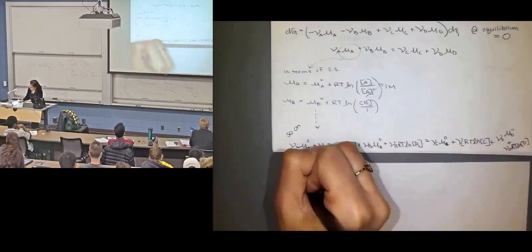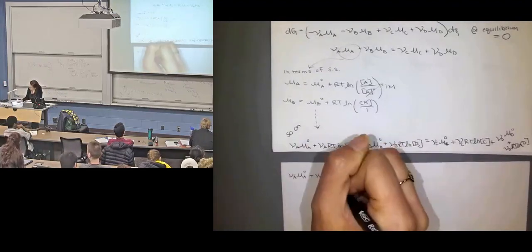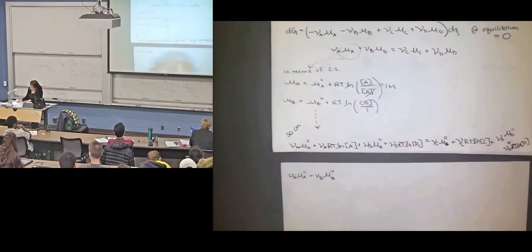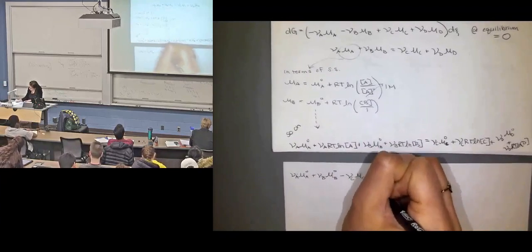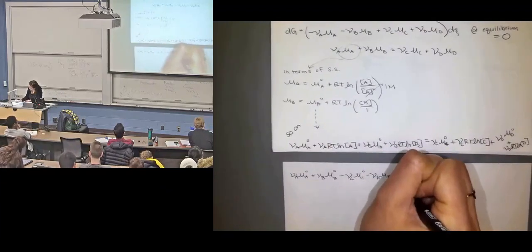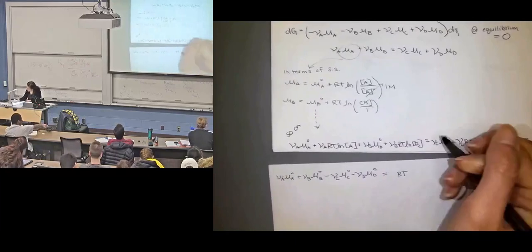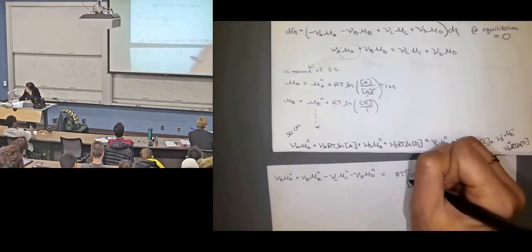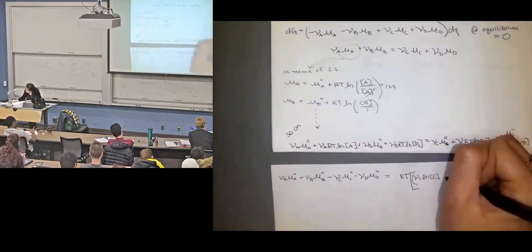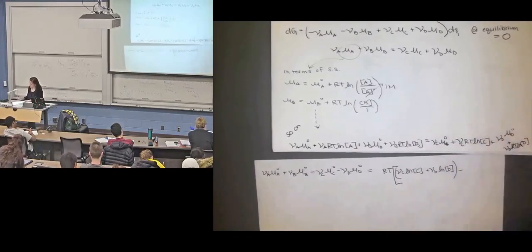So stoichiometric coefficients of A times the chemical potential of A at standard state, plus stoichiometric coefficients of B, chemical potential of B at standard state, minus my product terms, and this is equal to RT, pull that out in front, and I have the stoichiometric coefficients of C times the natural log of the concentration of C, plus D times the natural log of the concentration of D. I'm subtracting from that.